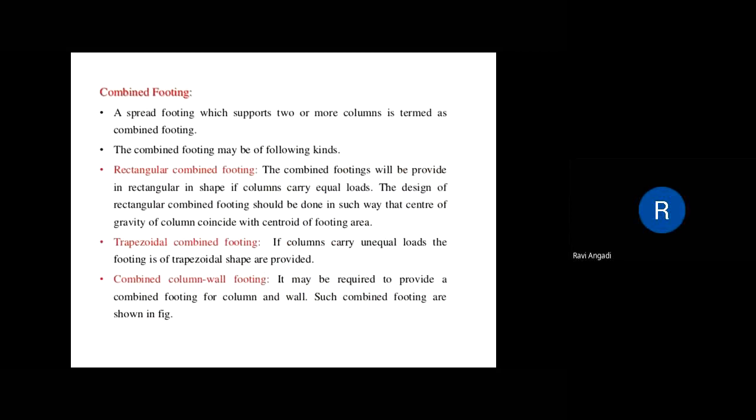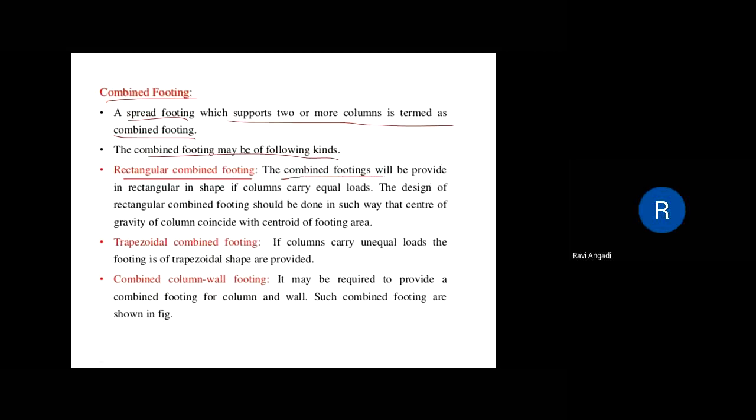Again, there are different types of combined footing. As I defined, it is nothing but a spread footing which supports two or more columns, termed a combined footing. The combined footing may be of the following types. It may be a rectangular combined footing, where the base is rectangular.